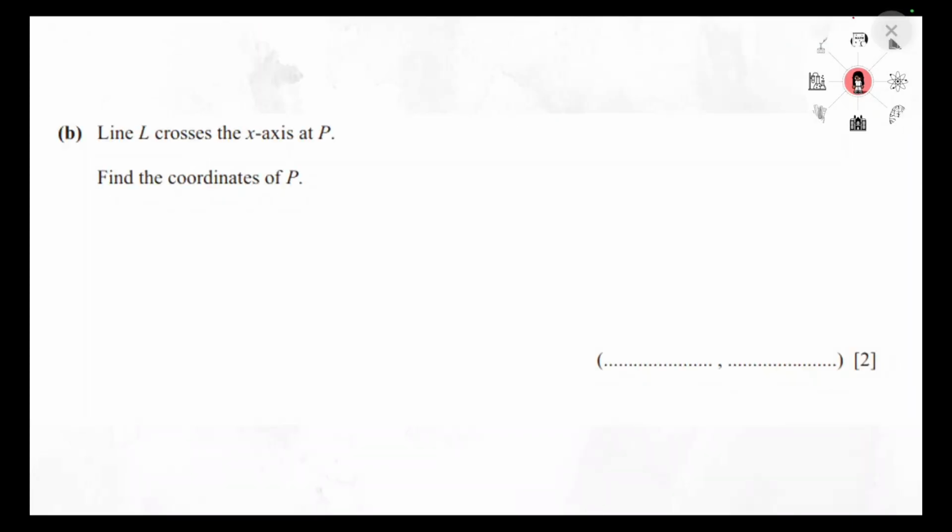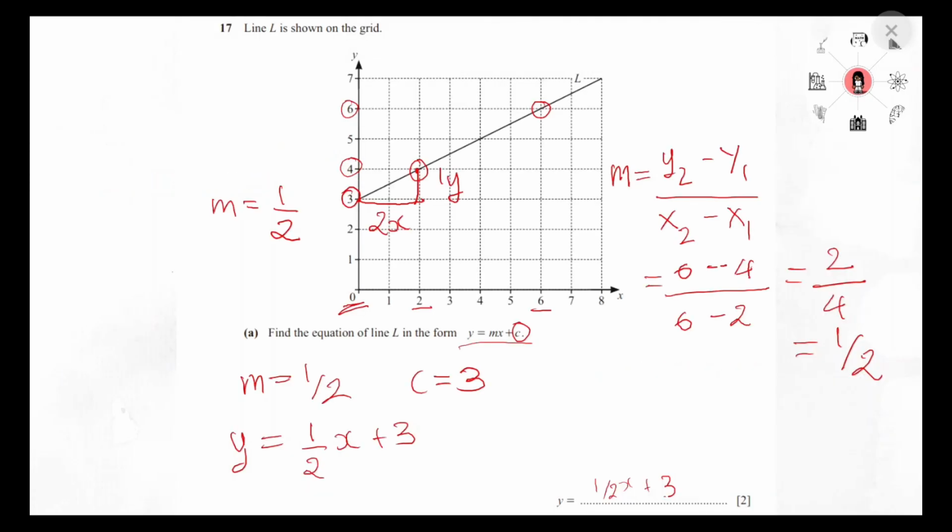Question B. Line L crosses the x-axis at P. Find the coordinates of P. By the line L crossing the x-axis, they mean when this line is extended backwards, it meets the x-axis at this point called P. And as we can see over here, y is equal to 0 when the line meets the x-axis.